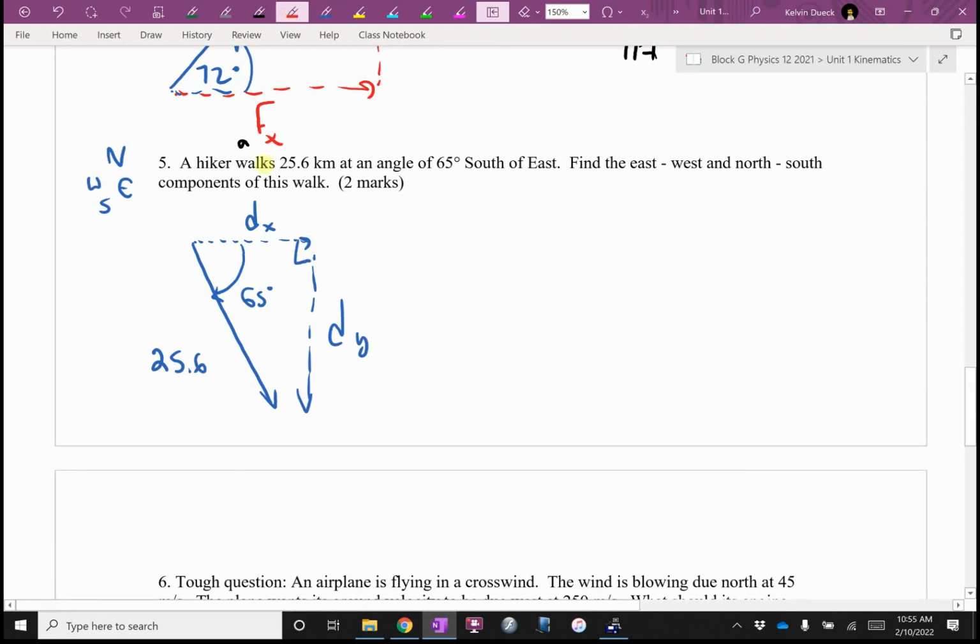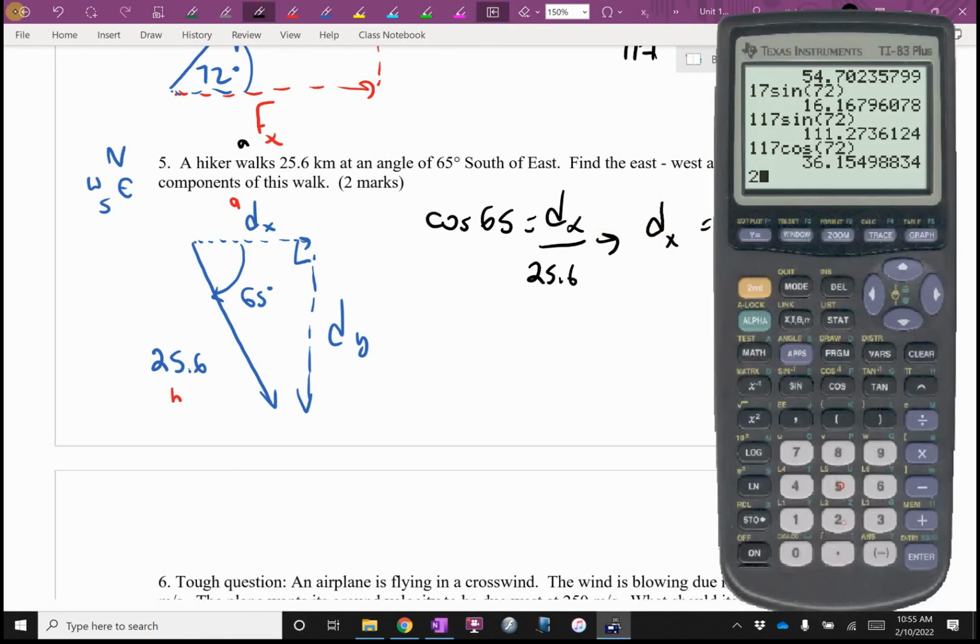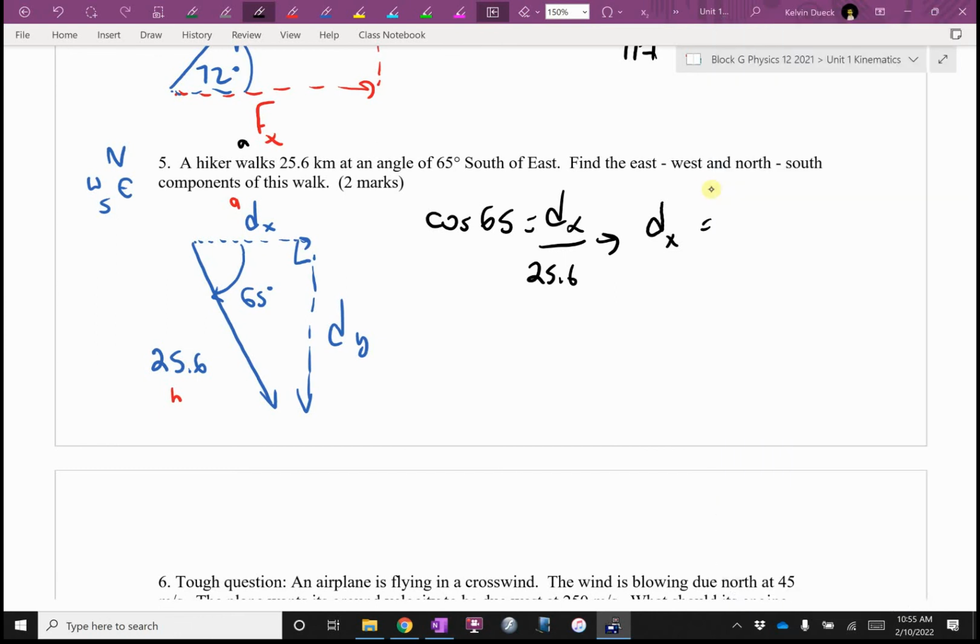If I find dx, that's going to be adjacent and hypotenuse. So cos 65 equals dx over 25.6. dx equals 25.6 cos 65. And I get 10.8 kilometers.